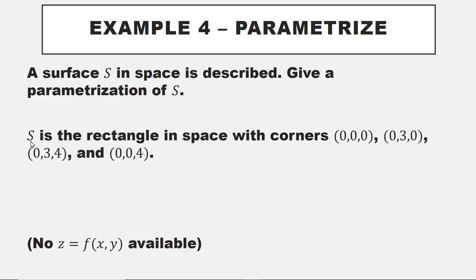So the surface that we're going to look at is the rectangle in space with corners 0, 0, 0, 0, 3, 0, 0, 3, 4, and 0, 0, 4. You'll notice that in each of these corners, the x value is 0. And that means this is a portion of the plane x equals 0. So you can think of that x equals 0 as being a function where x is a function of y and z.